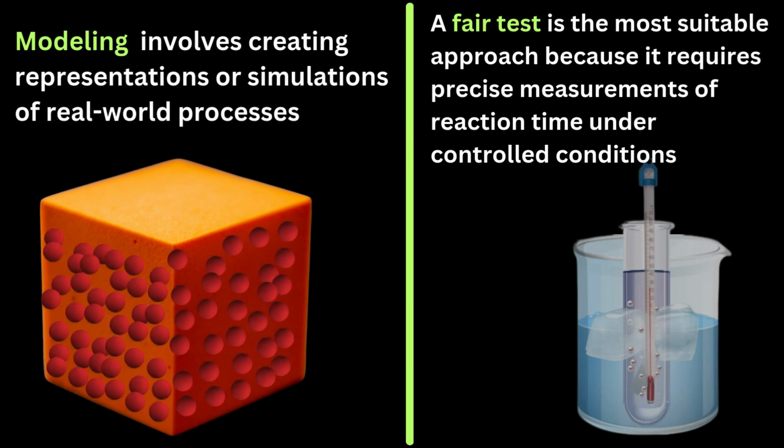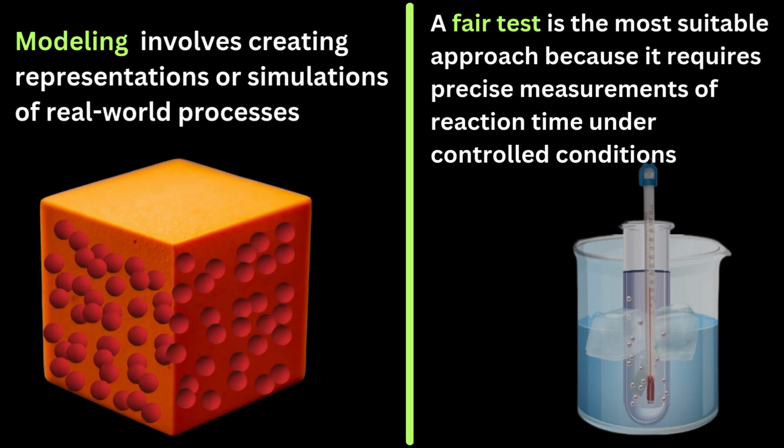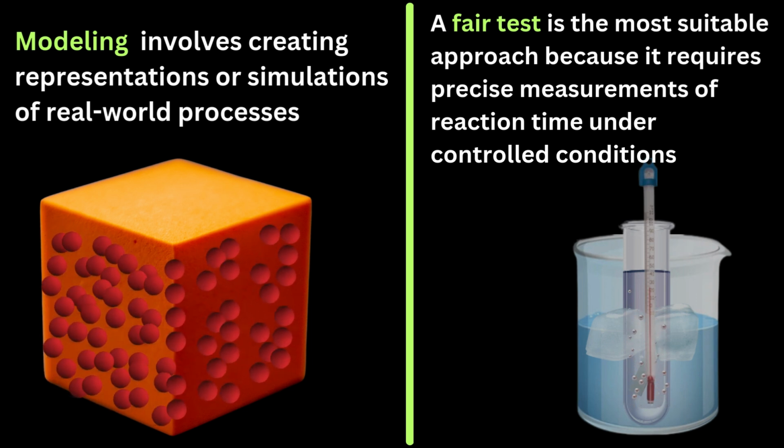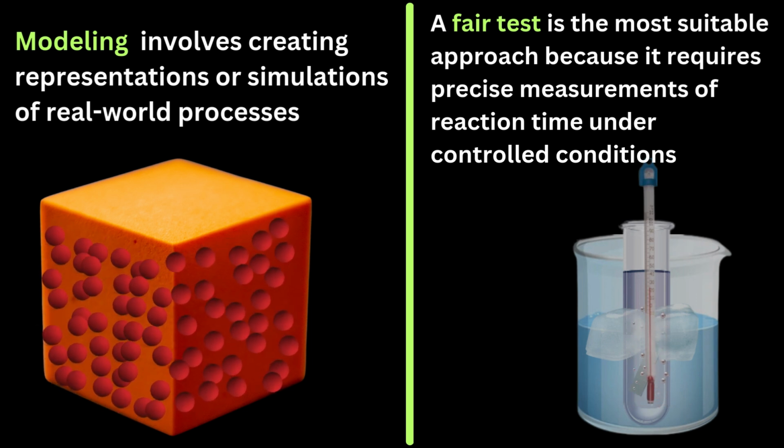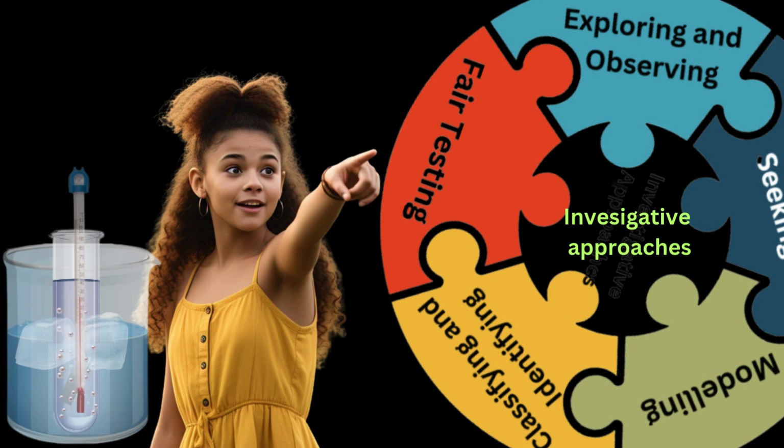Since this experiment requires precise measurements of reaction time under controlled conditions, a fair test is the most suitable approach. A fair test is the best approach because it ensures that temperature is the only factor affecting the reaction, allowing for accurate and reliable results.